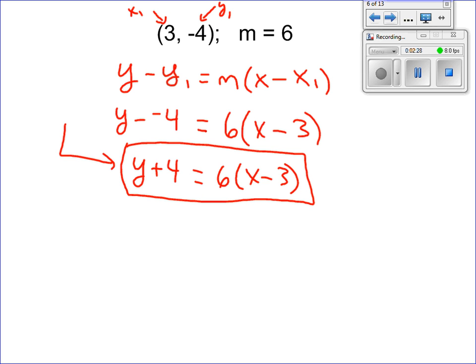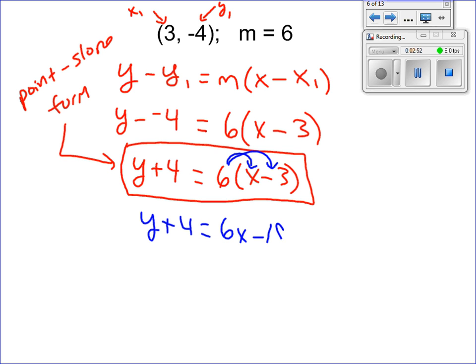This is point slope form. But if you want to take this further, you want to solve this or put it into slope-intercept form, you can, because we can simplify this equation even further. We can take this 6 and distribute it through the parentheses, so y plus 4 equals 6x minus 18.